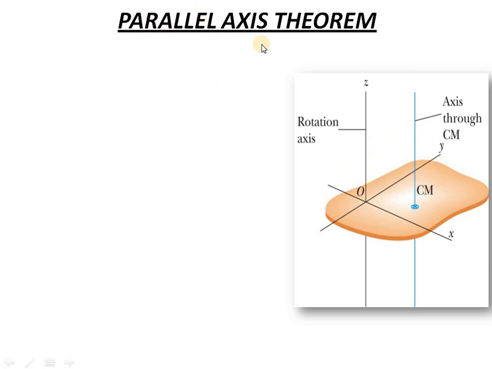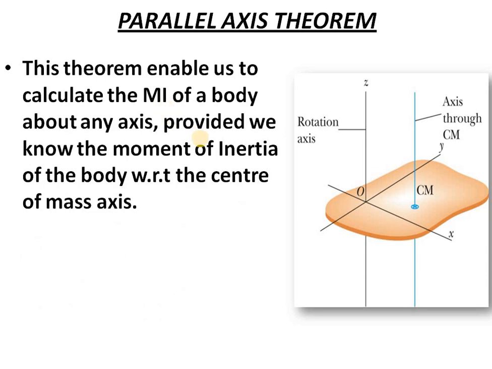That is the sense of the parallel axis theorem. The condition is that both these axes should be parallel to each other. So let us see the theorem now. In fact, this theorem helps us calculate the moment of inertia of a body about any axis, which is very important, provided we know the moment of inertia of the body with respect to the center of mass axis.